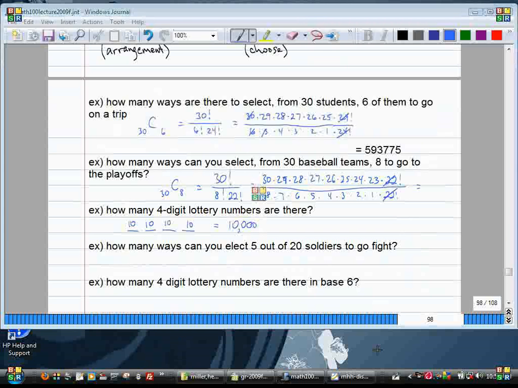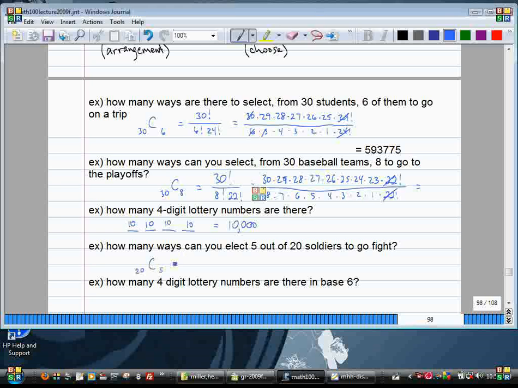So let's talk about these, and let's talk at least about how to set them up. For the first one, how many ways can you elect 5 out of 20 soldiers to go fight? Yeah. So, now, why is it 20C5? Right. Order does not matter.